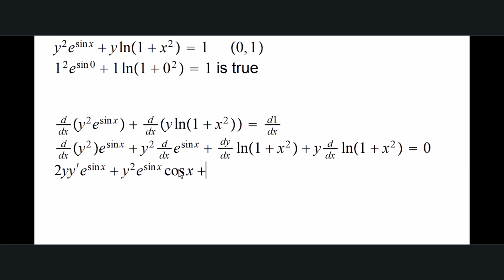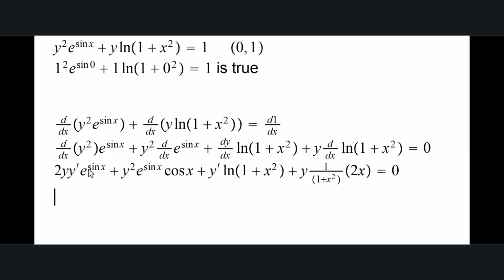So then plus we will write dy/dx again as y prime, leave this as it is, okay, and then plus y times, now we are differentiating the natural log of a quantity, so what that will be is 1 divided by the quantity, and then by the chain rule, multiplied by the derivative of the quantity, which happens to be how much? 2x, and that becomes 0.